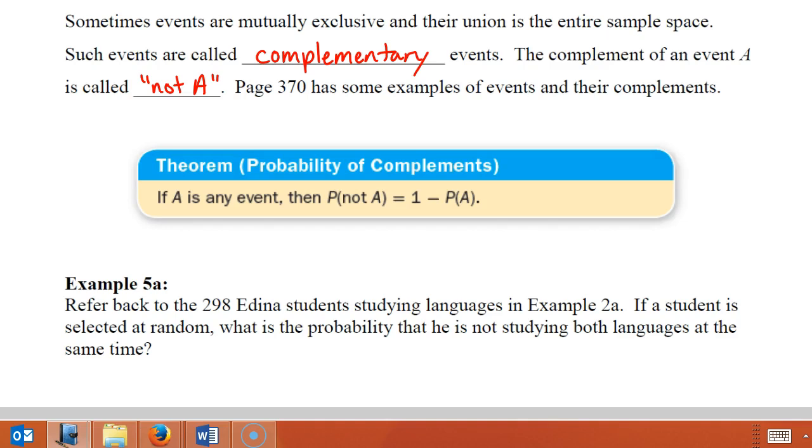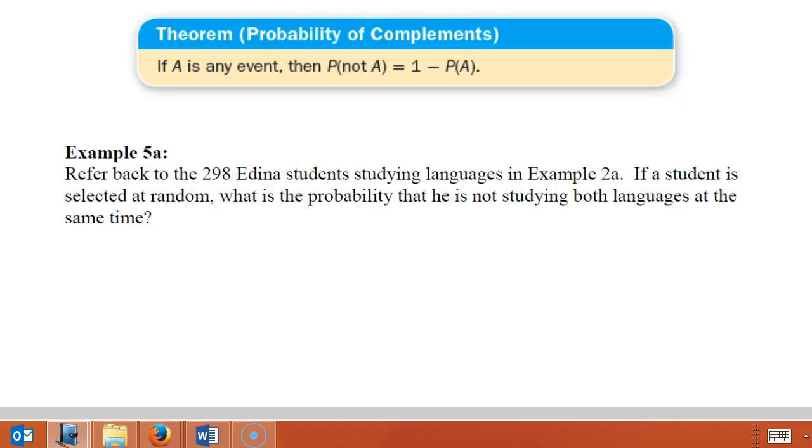So the complement of event A would be called not A. Or if we look at this theorem, to find the probability of it not being A, we just take 1 minus the probability of event A. For example, let's refer back to the previous example we were looking at earlier, where we had 298 students studying the Spanish and French languages. If a student is selected at random, what is the probability that he is not studying both languages at the same time?